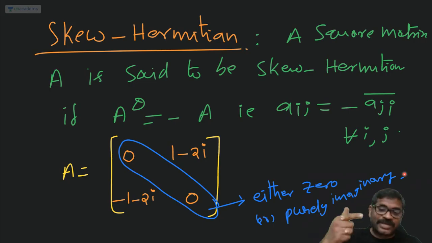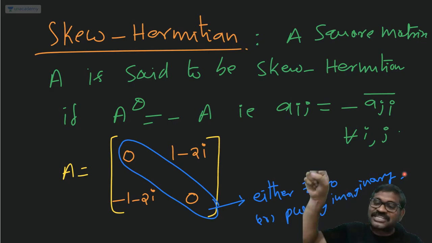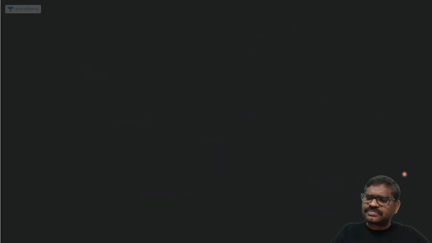So please remember, skew Hermitian looks like skew symmetric, but this is complex, that is real. Here the operation is conjugate transpose, there the operation is transpose. Skew symmetric is different, skew Hermitian is different. You should not compare. Skew Hermitian means A^θ equals minus A. Skew symmetric means A transpose equals minus A. Why am I comparing?